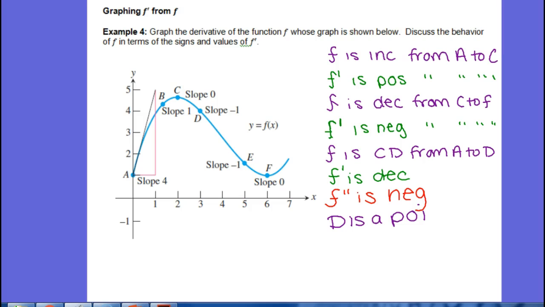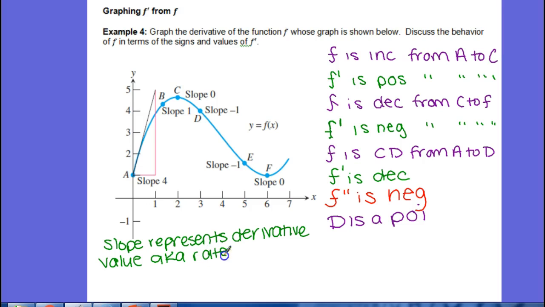So maybe give yourself a little note. Slope represents derivative value, aka slope is our derivative. And again I'm doing this in green because green is always the derivative.